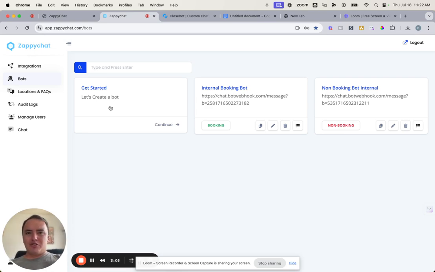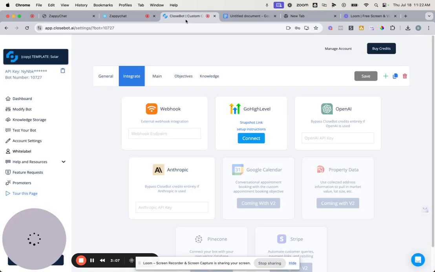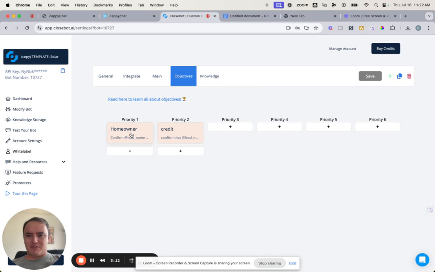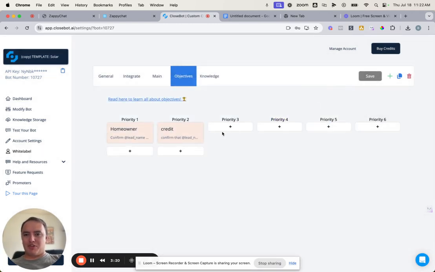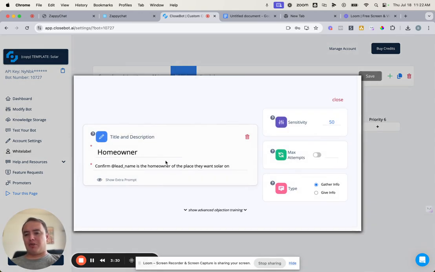Whereas in Closebot, I could have objectives, and I'll show you. You could have objectives here, like confirm that they're the homeowner of the place that they want. For example, this is a solar template, they give you templates. You can have priorities here and just lay them out. So you can say the first priority is confirm lead name is the homeowner of the place that they want solar on.